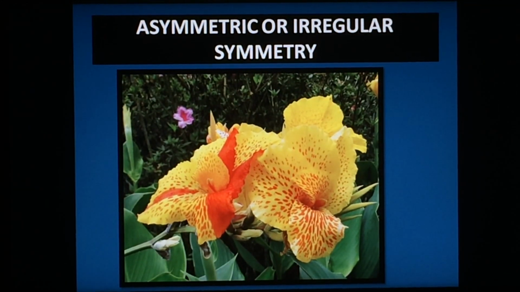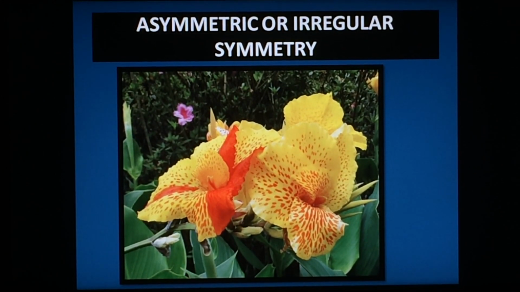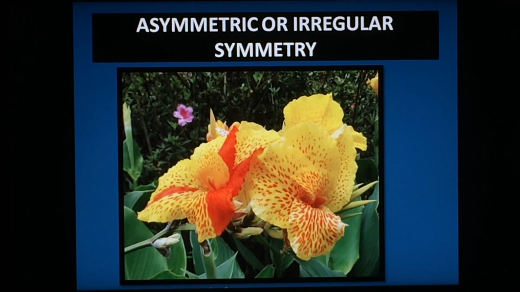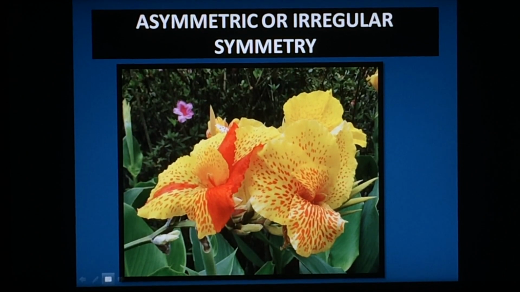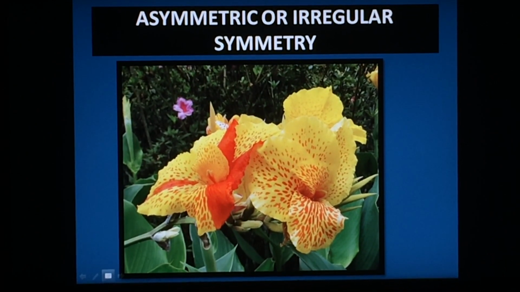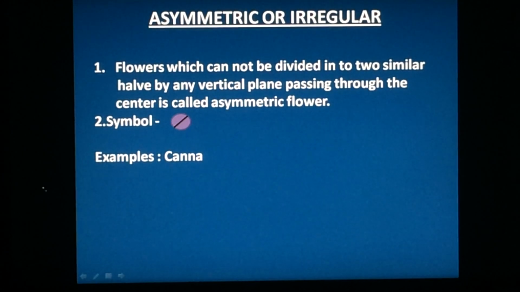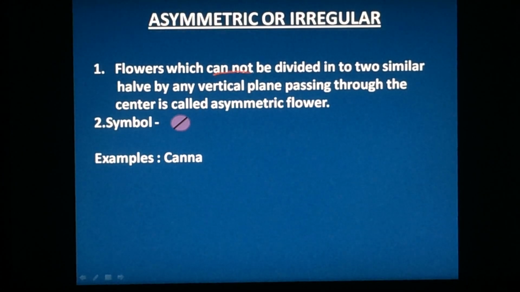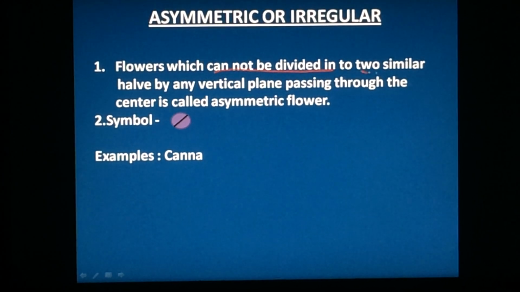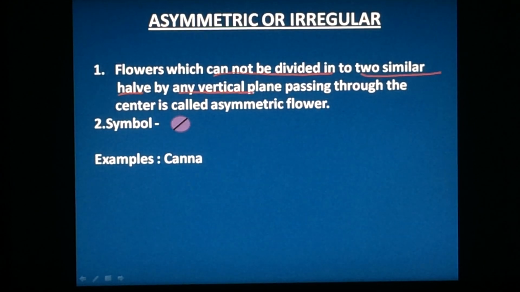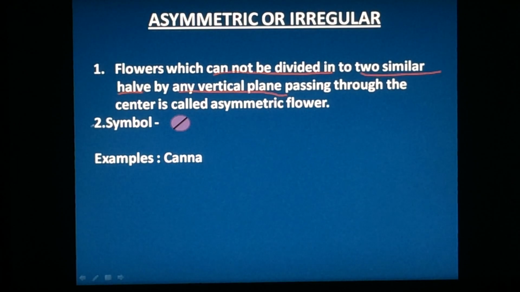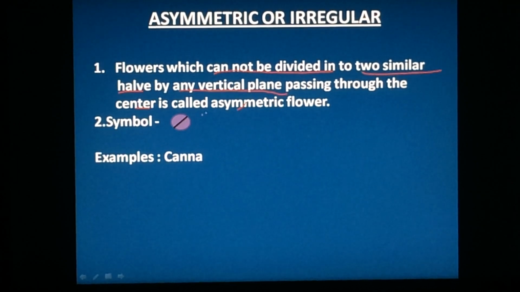Last one is asymmetric or irregular. Asymmetric, there is no symmetry. You cannot get two equal halves from any plane. We cannot get two similar halves by any vertical plane passing through the center, it is called asymmetric.